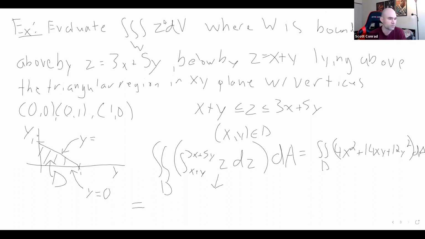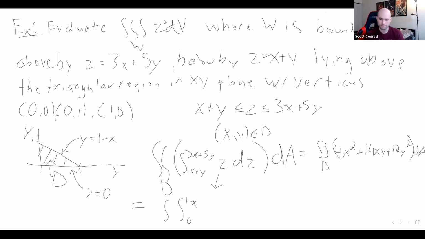And our top curve is y equals what? One minus x. So if we treat it as vertically simple, we integrate with respect to y first because y is bounded by functions. So y goes from 0 to 1 minus x.